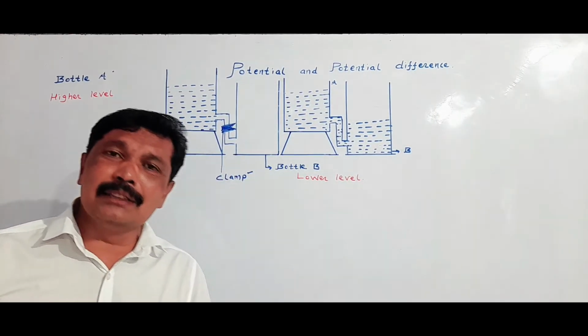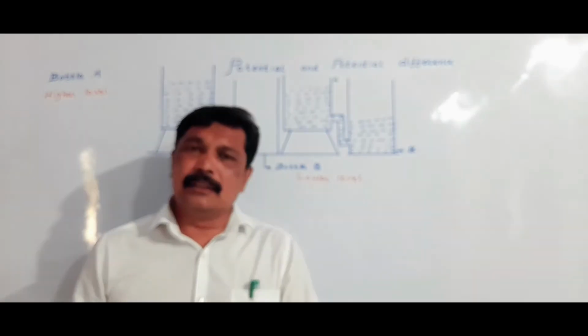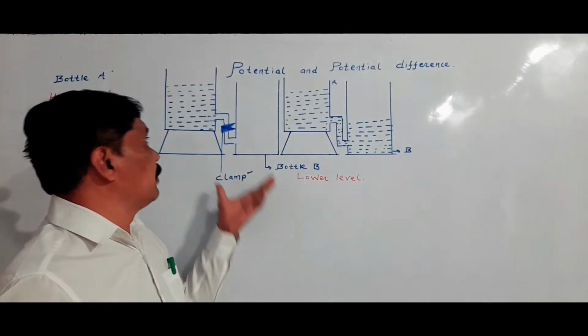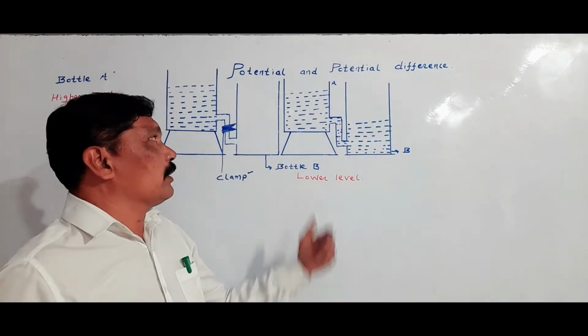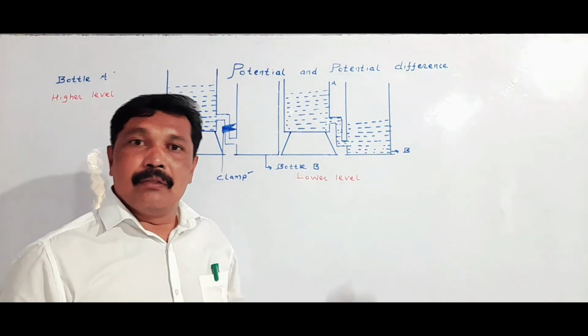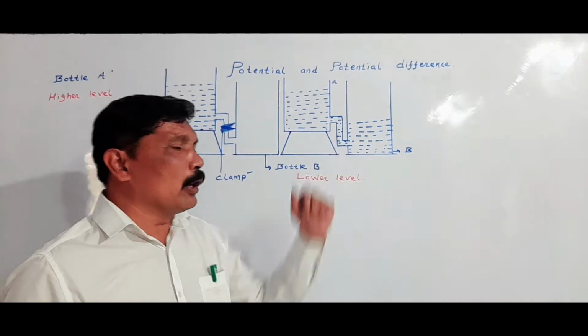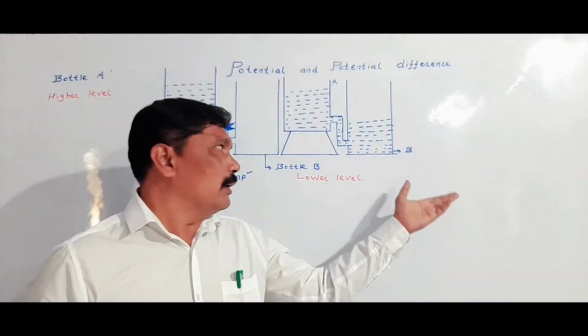These two plastic bottles are connected by a connection, and this connection is having a clamp. My dear student, when we remove the clamp, we see that the water which is present in plastic bottle A, which is at higher level, starts flowing to the plastic bottle B, which is kept at the lower level.